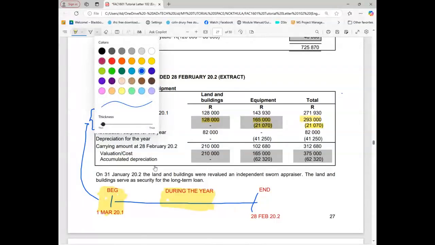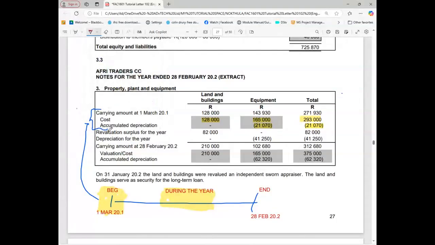Now we are during the year. During the year, it means we are going to focus from here. Can you see this part? This part is during the year.